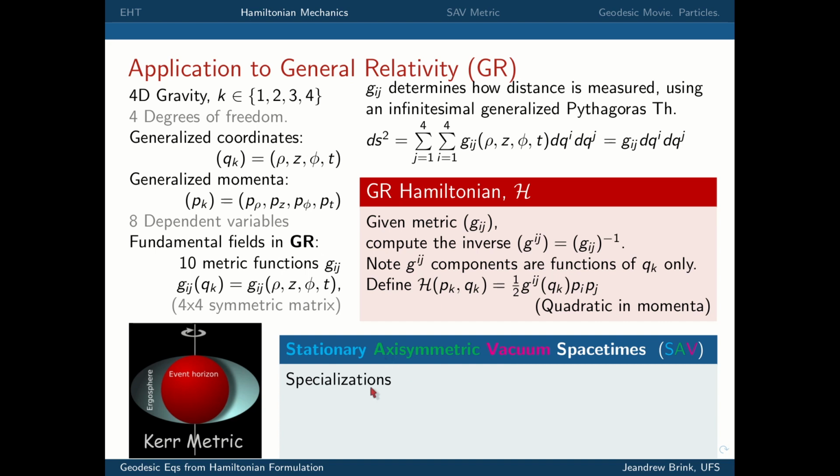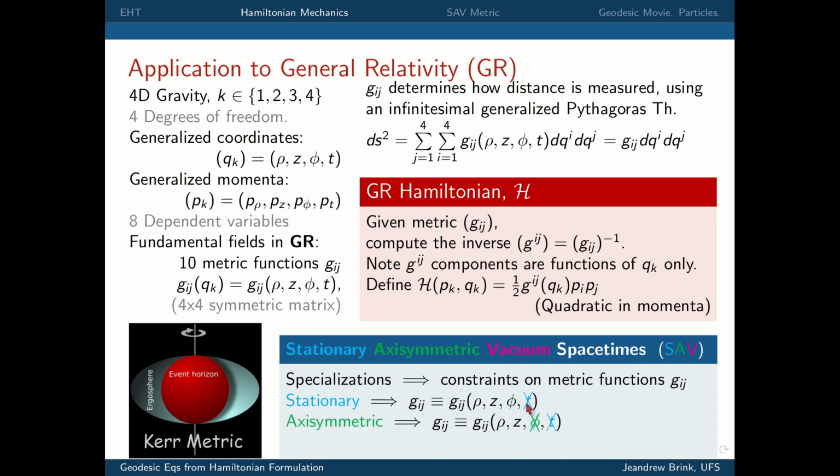So the specializations basically result in constraints on the metric functions. The stationarity assumption basically assumes that the metric function is not a function of coordinate time, meaning that the metric doesn't change over time itself. So in some sense, it's a stationary metric. The axisymmetric assumption is basically that the metric does not depend on the coordinate about the z-axis.